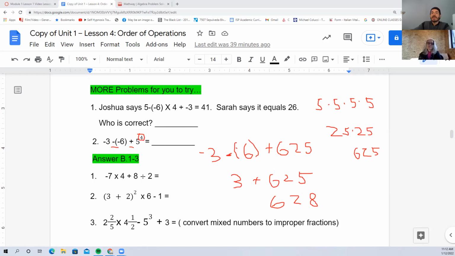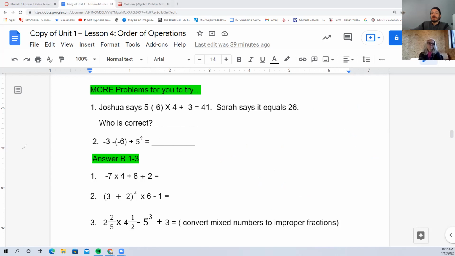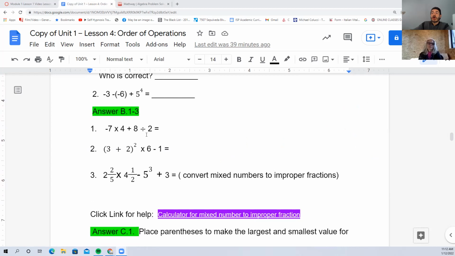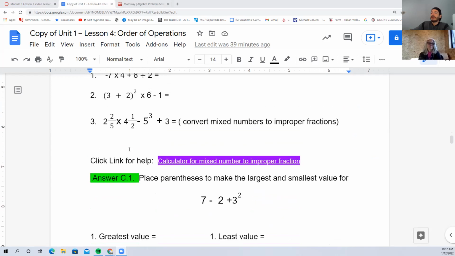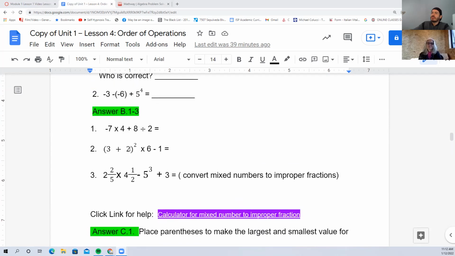For the sake of time, I am going to just talk through this very quickly, and then we'll do number 2 together. I'm going to leave you to your own devices for number 3, but let's talk about number 2.